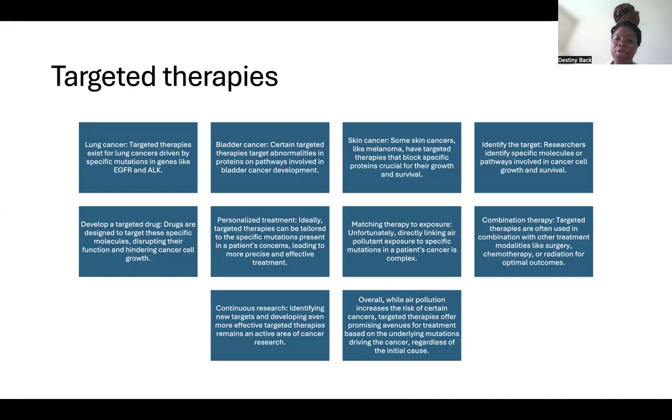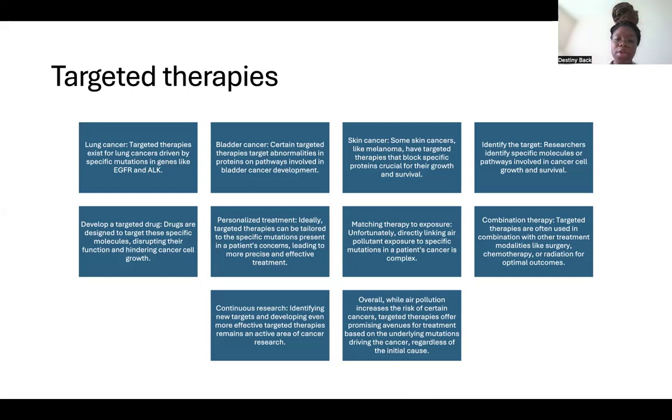Matching therapy to exposure: unfortunately, directly linking air pollutant exposure to specific mutations in a patient's cancer is complex. Combination therapy: targeted therapies are often used in combination with other treatment modalities like surgery, chemotherapy, or radiation for optimal outcomes.